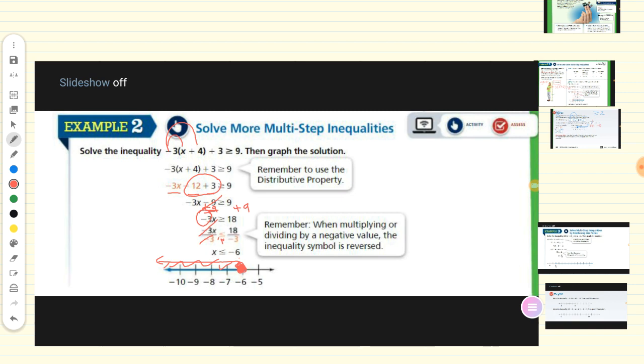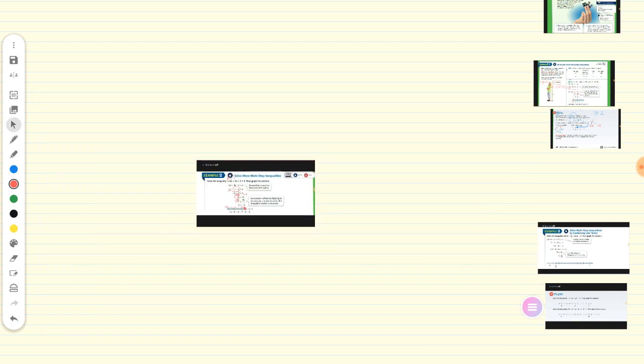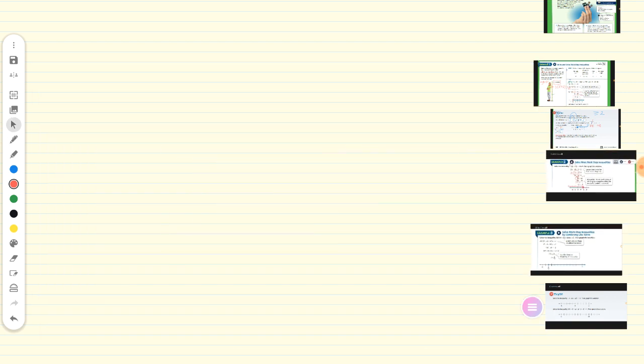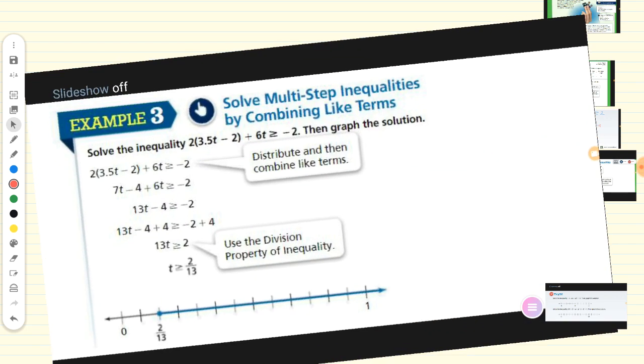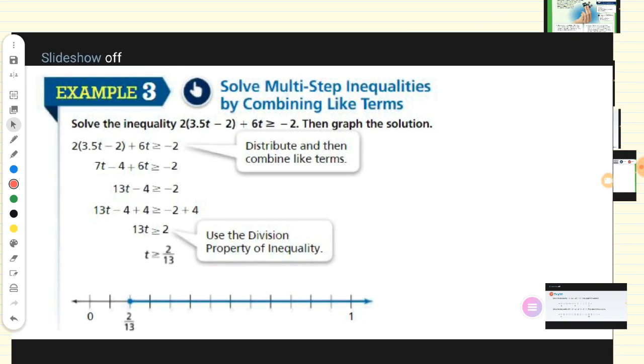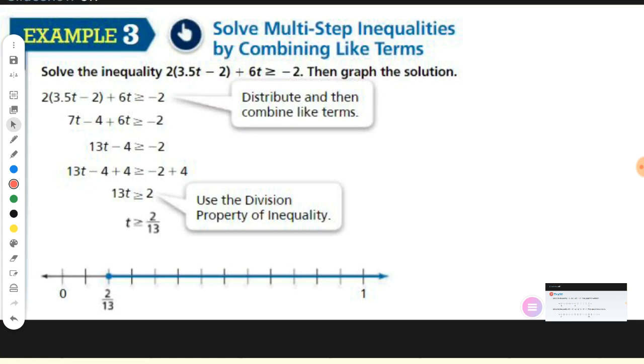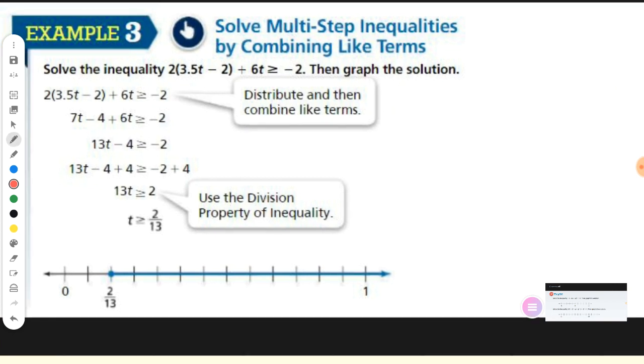This is how to solve it. Again, another one. So if I have a decimal number, I can multiply both sides by 2, we'll use the distribution property, 2 multiply 3.5x, it will be 7x, and 2 multiply negative 2, it will be negative 4.